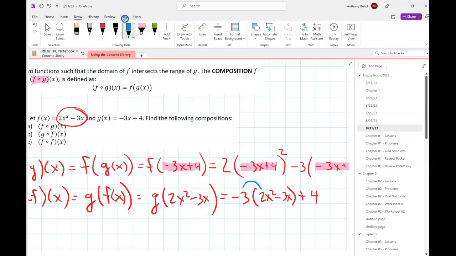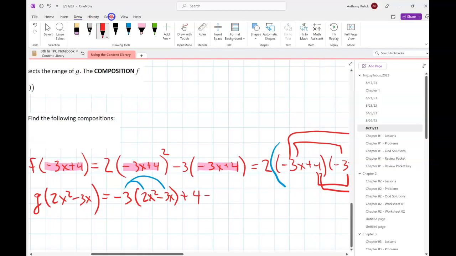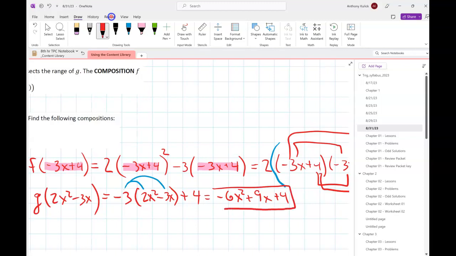And then I can just distribute the 3 through, since the exponents are just attached to the x. That's nice. And that's all the way fully simplified there.